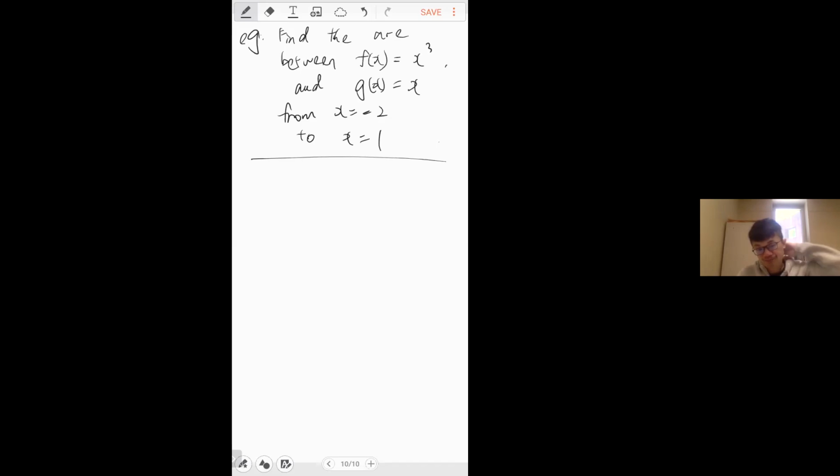First step, what do I do? Draw the graph and find intersection points. So f of x equals x cubed looks like this.